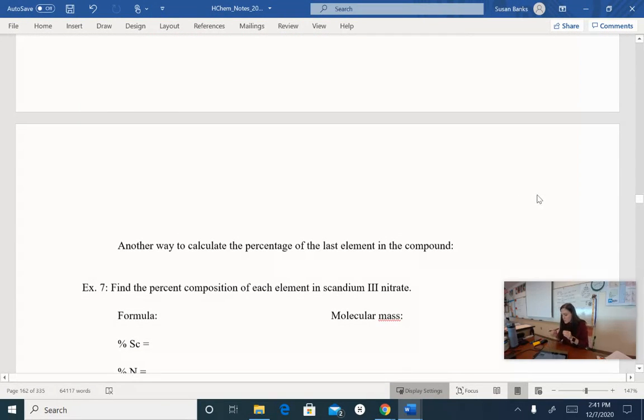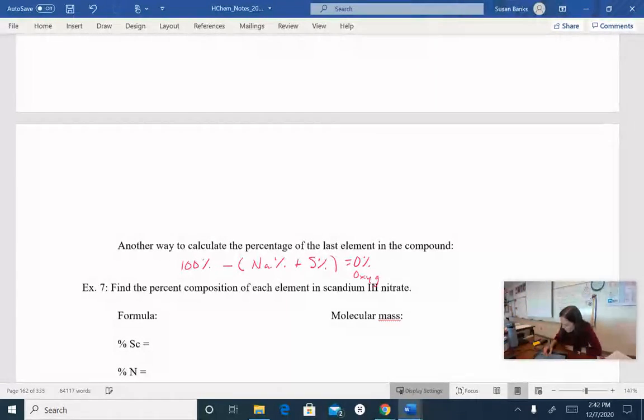Since all 3 of those percents should add up to 100, could I have taken 100% and subtracted my mass percent of sodium as well as my mass percent of sulfur to give me my mass percent of oxygen? Would that work? Yeah, that would totally work.